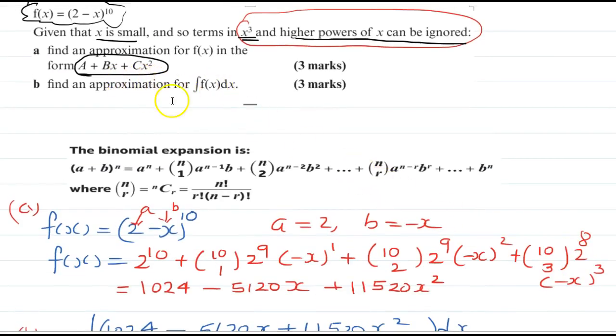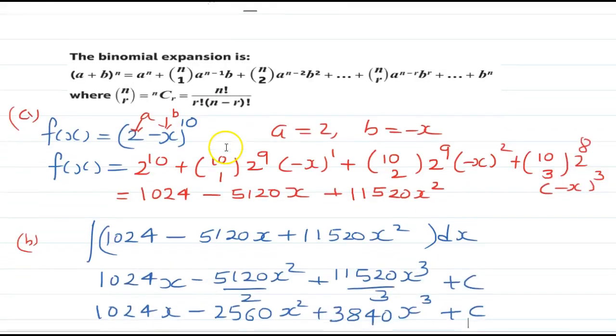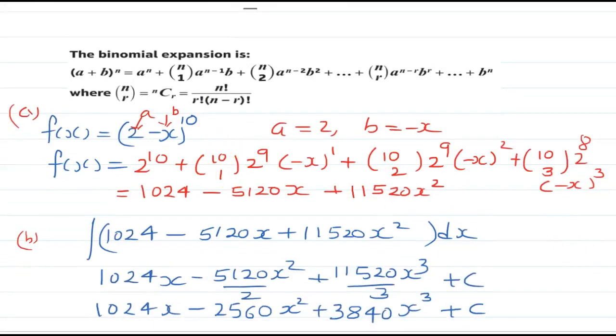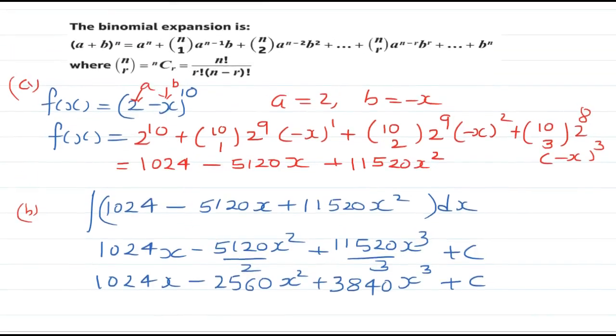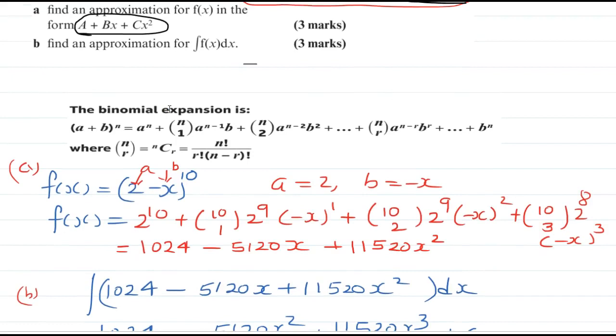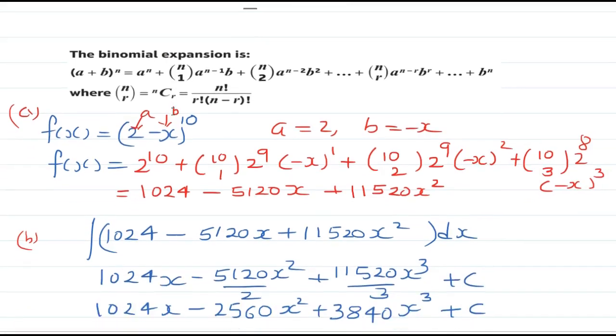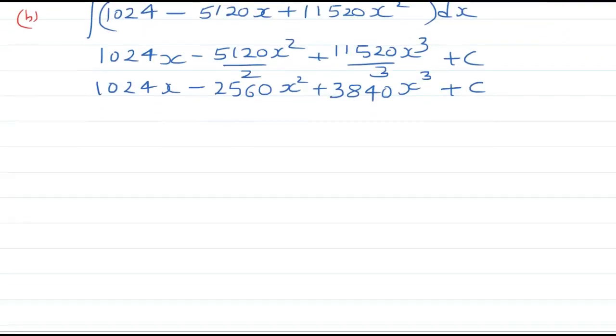Okay, and we need to solve this a little bit further. If you see here, our equation is a + bx + cx squared. So let's write down that equation, a + bx + cx squared.